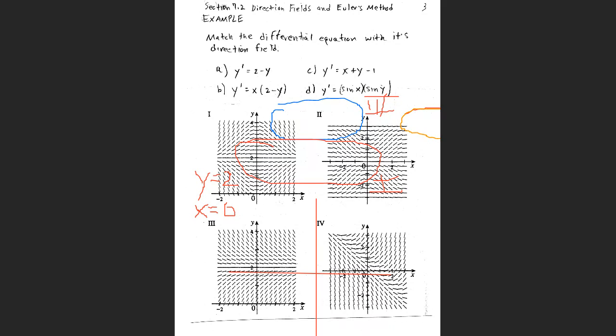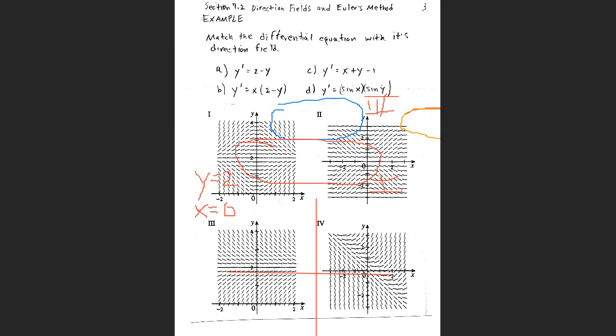That means it'll equal 0. So C, the differential equation, will equal 0 when y equals negative x plus 1, right? When y equals negative x plus 1. So you're saying that has to be choice 4.